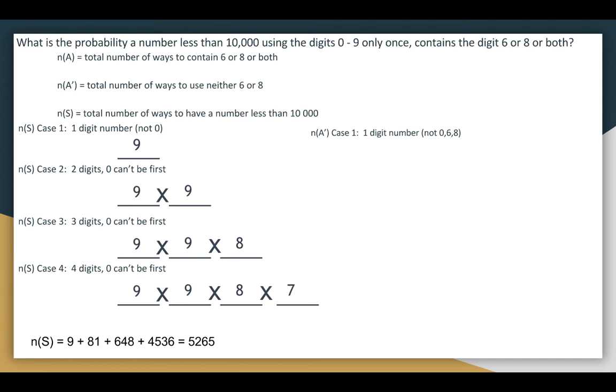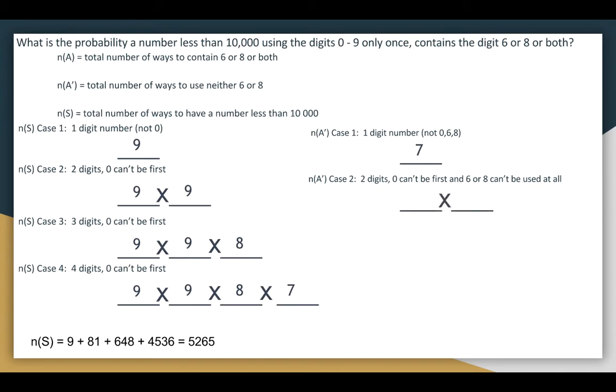And so together they add up to the total number of ways to do it. If we think of a prime as a 1-digit number, now we just have that extra restriction. You can't be 6 or 8 either. And so a 1-digit number can't be 0, 6, or 8, so there's 7 numbers. A 2-digit number, the first one can't be 0, and none of them can be 6 or 8.